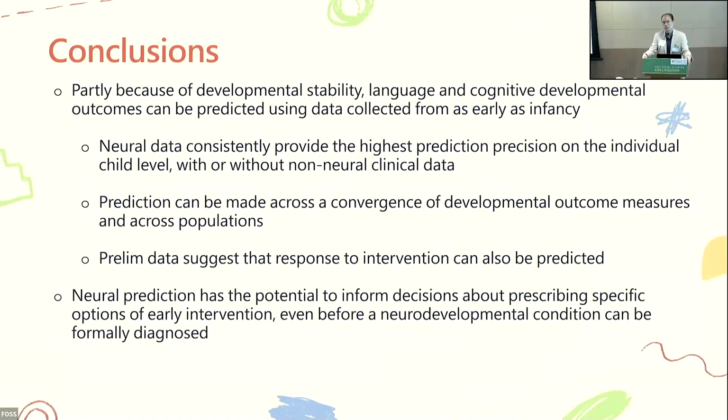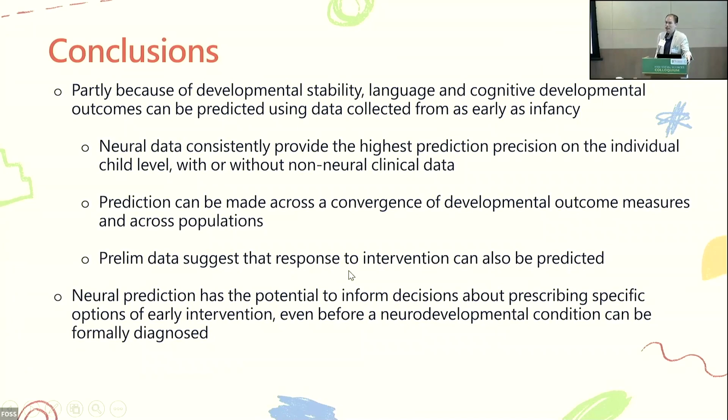To conclude, language and cognitive developmental outcomes can be predicted using data from even early infancy. Neurodata consistently provide the highest prediction precision on individual child level, not group level, individual child level. I have to emphasize that again and again, with or without non-neuroclinical data.